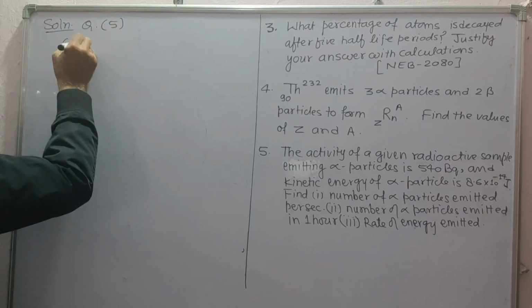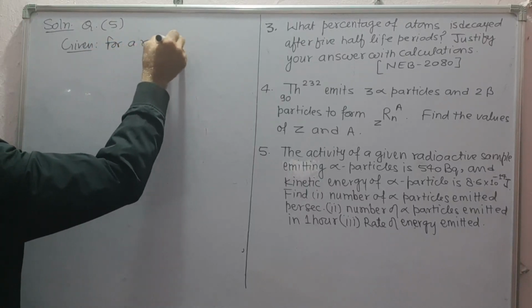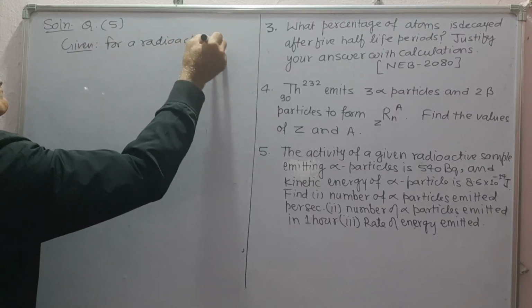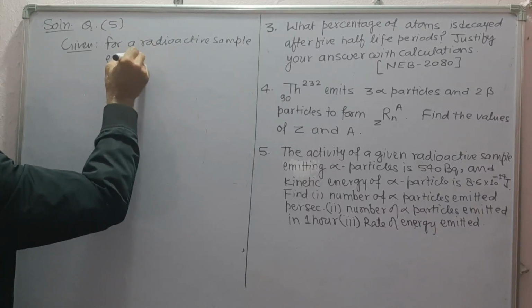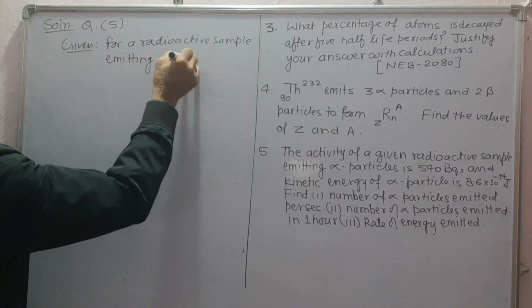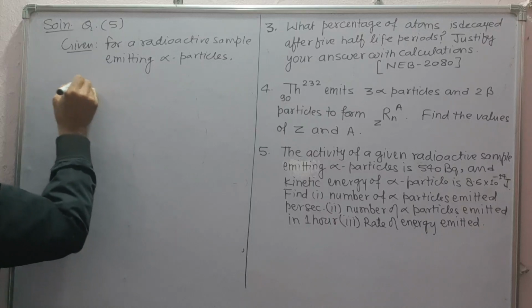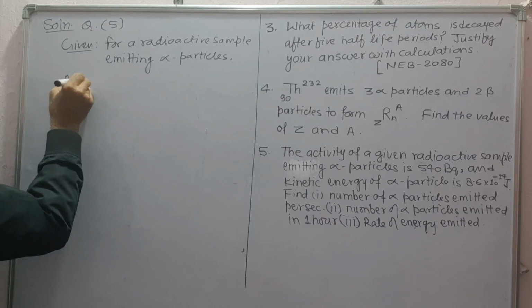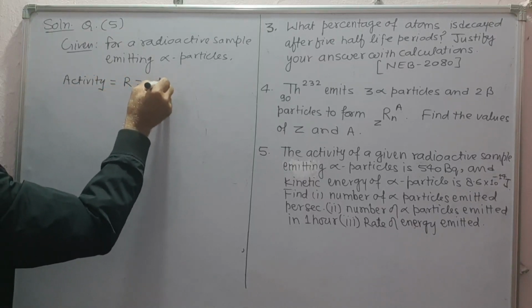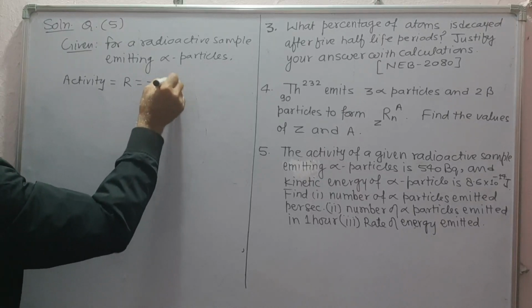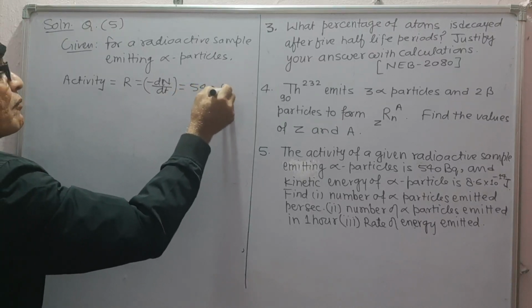Here given, for a radioactive sample which is emitting alpha particles, activity R, minus dN upon dt, is given to be 540 becquerel.